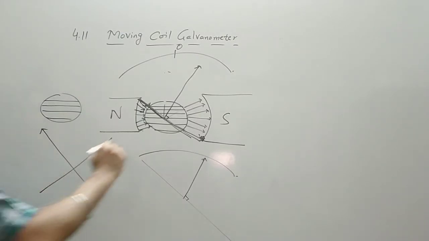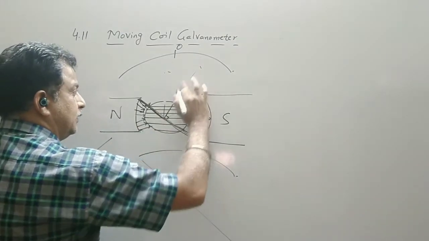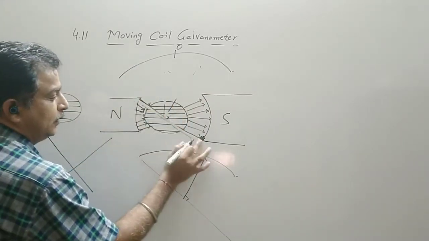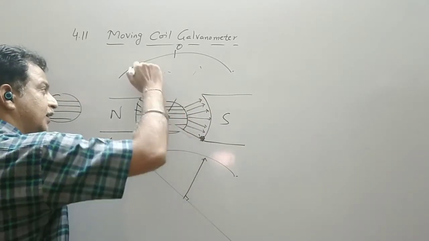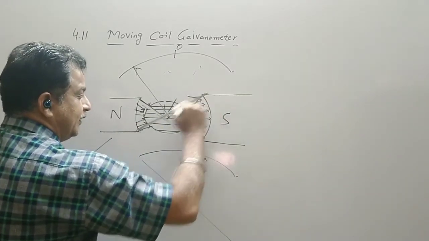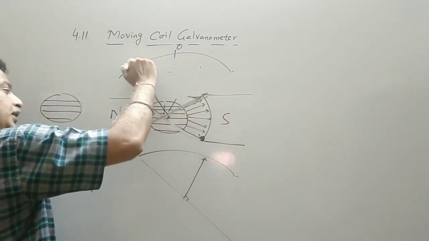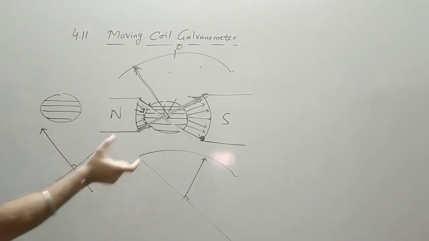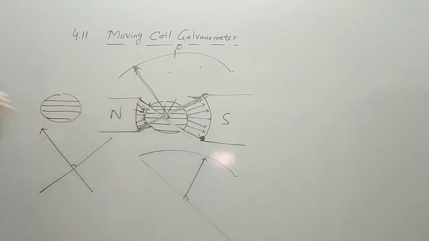Again, suppose this pointer now turns towards this side. So we take this magnetic field line, and this is your pointer, or say M vector. We are taking the M vector on the pointer.